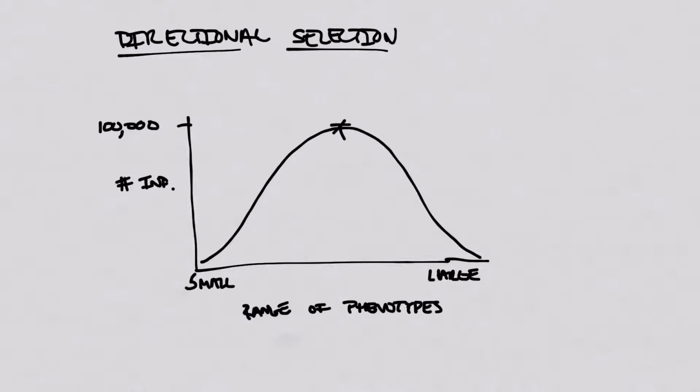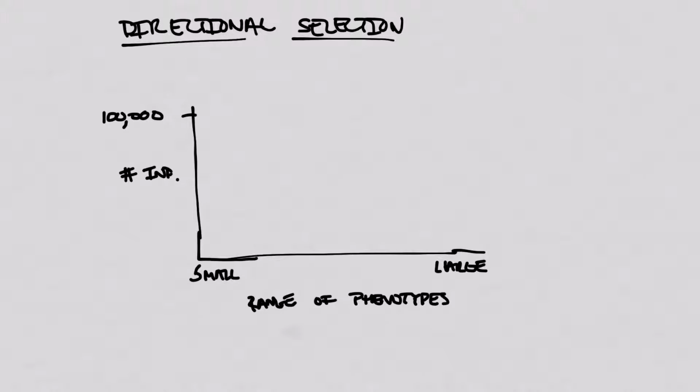But first, I'm going to erase this and redraw a slightly different curve. If we're talking about the size of frogs, which I just made up, but that's fine, let's say the range of phenotypes that we see is something like this. Most frogs are kind of middling small.